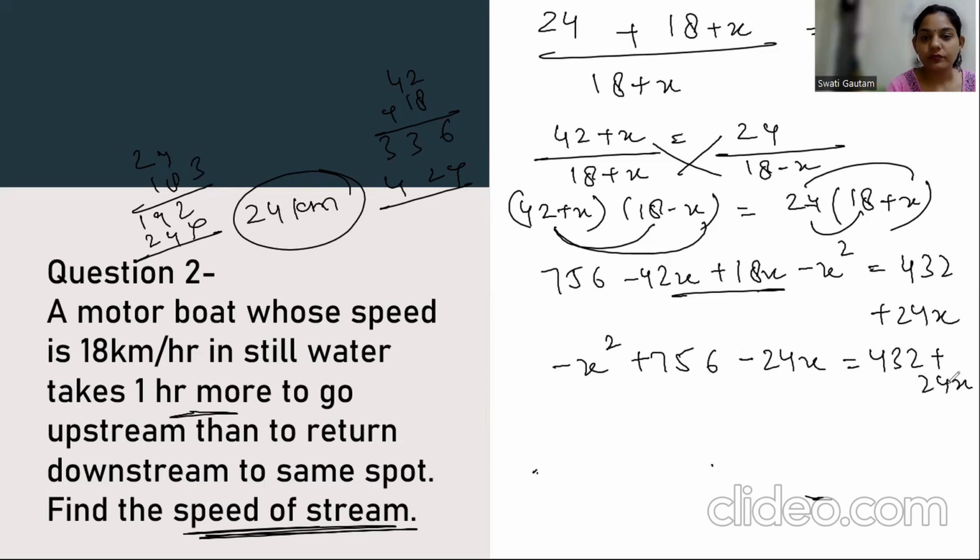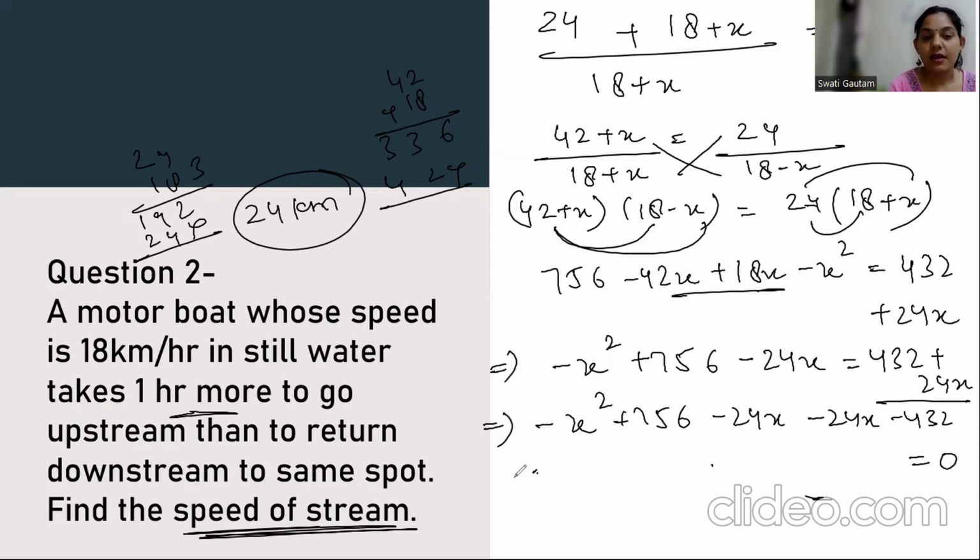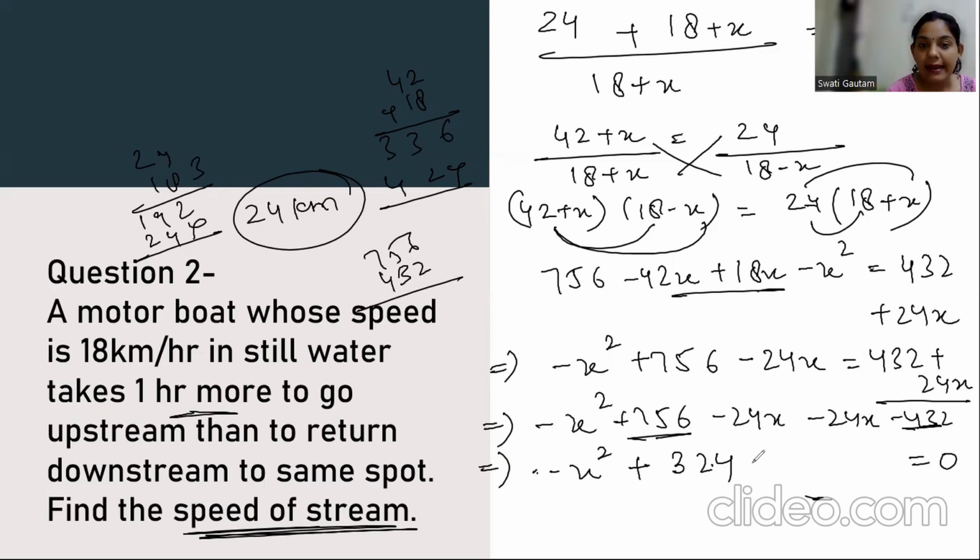Now I will take every term to the left-hand side. Minus x square stays. Then 756 minus 432 is 324, and minus 24x minus 24x is minus 48x.